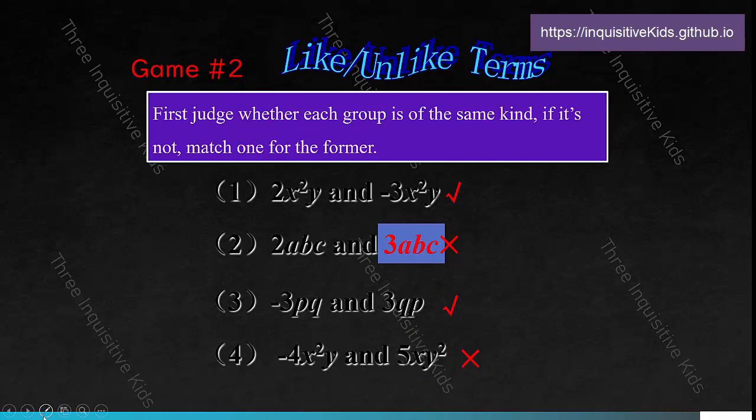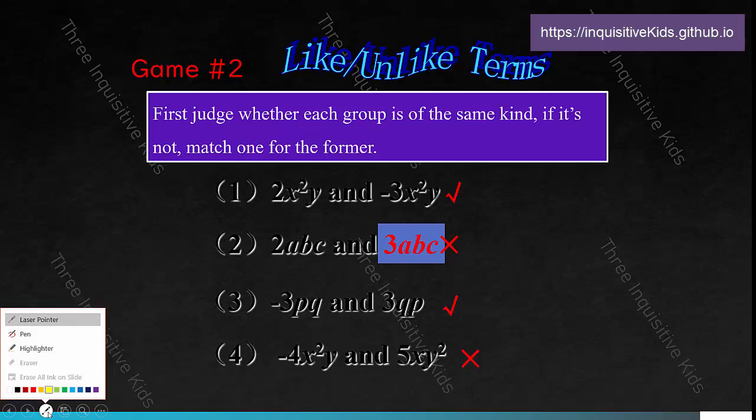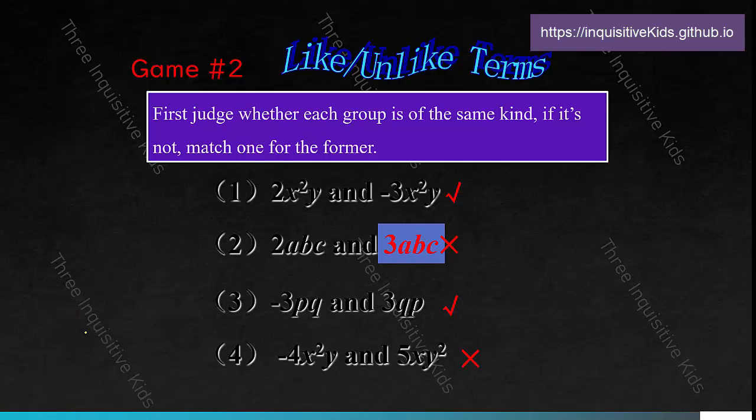But let's look back here. This is another big mistake some students will make. They see something like negative 4x squared y and 5xy squared. They have the feeling that exponents or powers are the same as multiplication and addition, and they can use commutative properties. But that's not how it works with exponents.